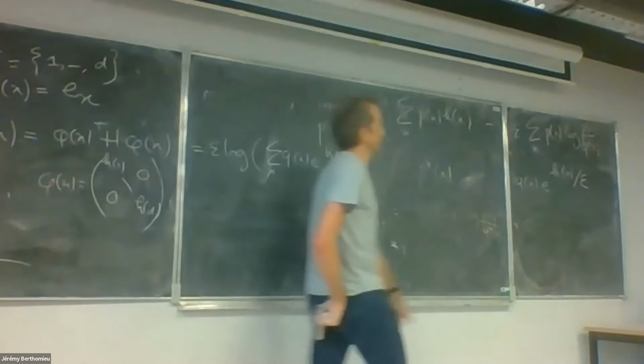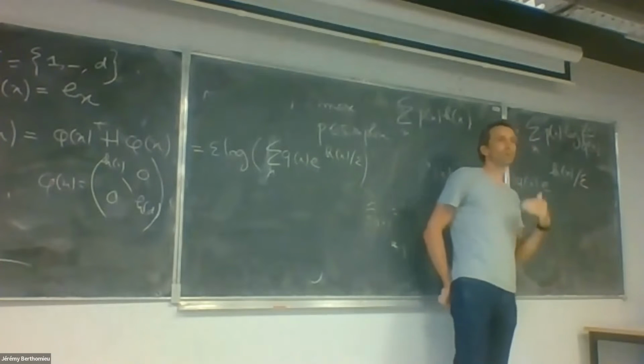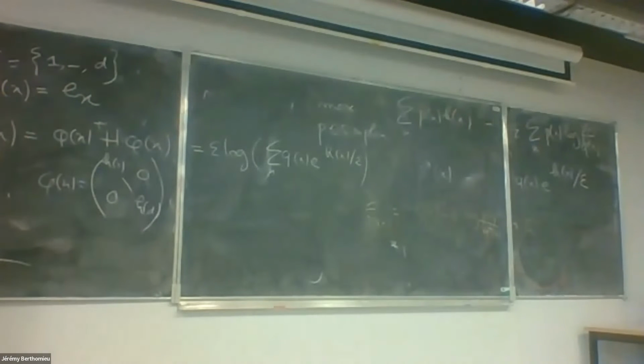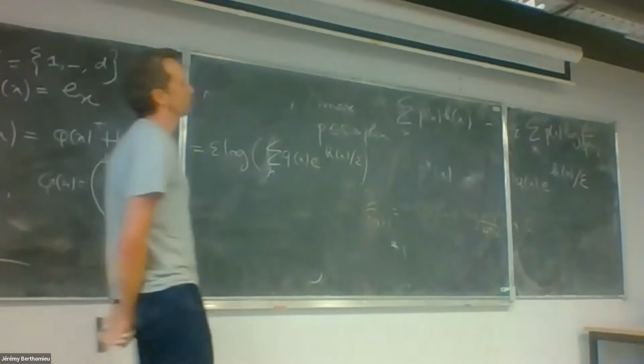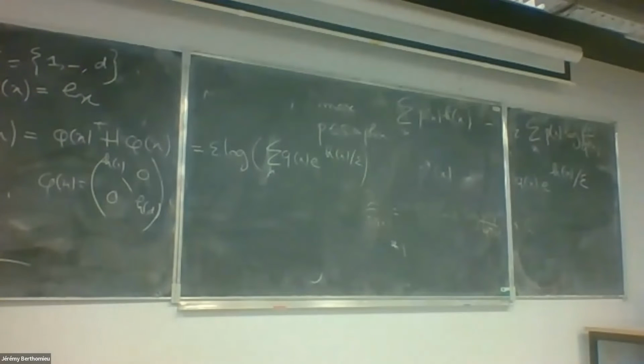In other words, like a temperature limit, when the temperature goes to 0, you just put weight on the maxima of h. The traditional probabilistic Gibbs model with h.